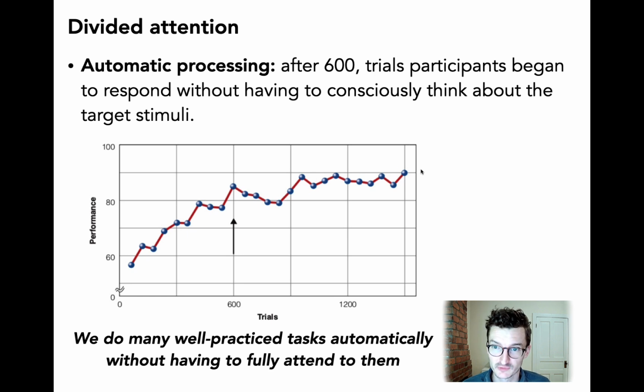And so imagine you have to remember 4 numbers and then search for those numbers through a rapid series of test stimuli that are also numbers. Very difficult task, very challenging. And in that case, people actually don't improve at the task. They don't come to do the task automatically. They're not good at dividing their attention when it's that challenging. So there are some tasks where you never hit this sort of automatic level of processing that allows you to do the task while doing something else.